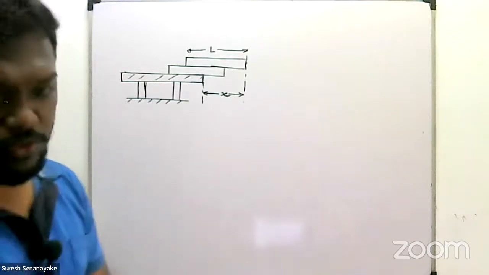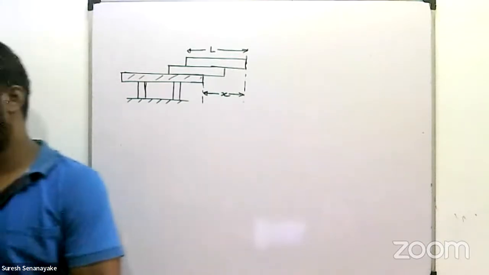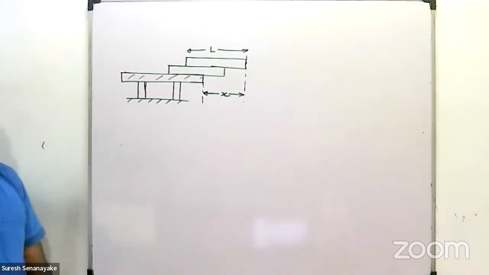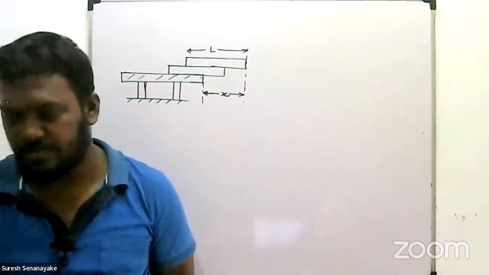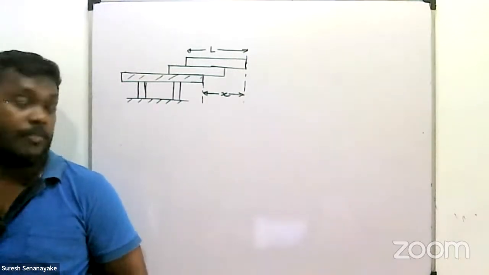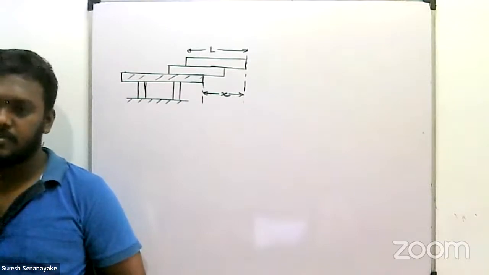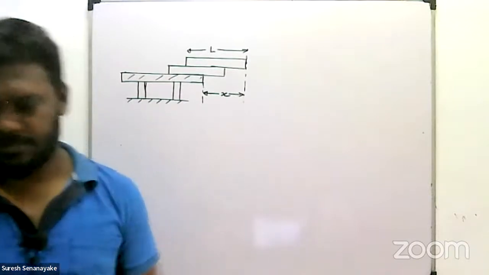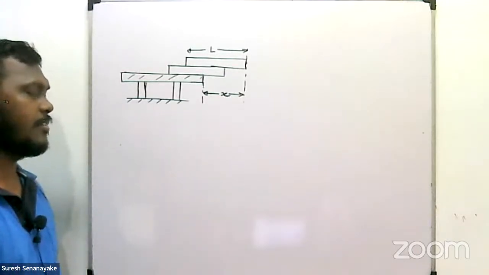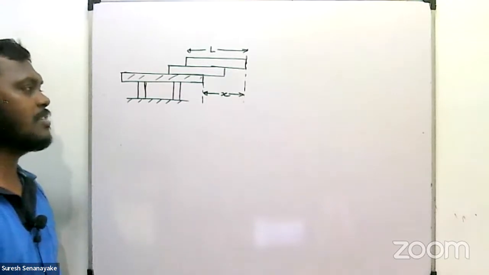There are two uniform identical blocks placed at the edge of the table as shown. The length of one rod is L. What is the maximum distance x?